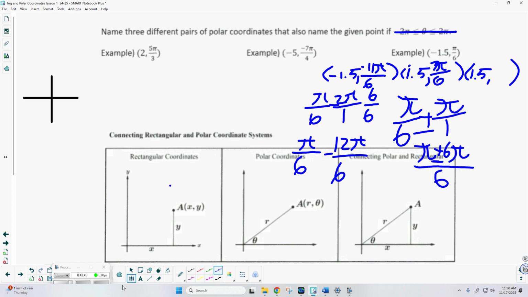Okay, and now what's a pi minus 6 pi? Negative 5 pi over 6. There we go. Okay, just forgetting one thing. You put negative 5/6. Oh, 5. All right, there we go. Fantastic.